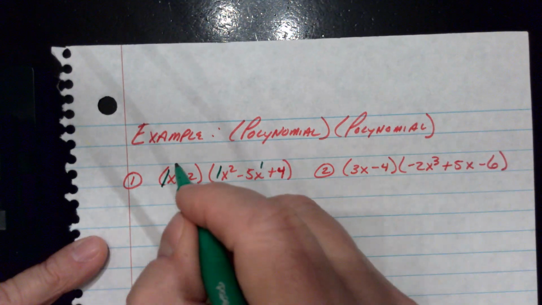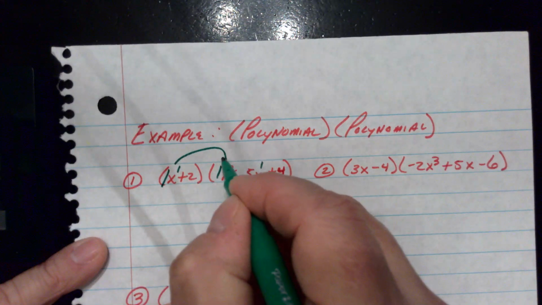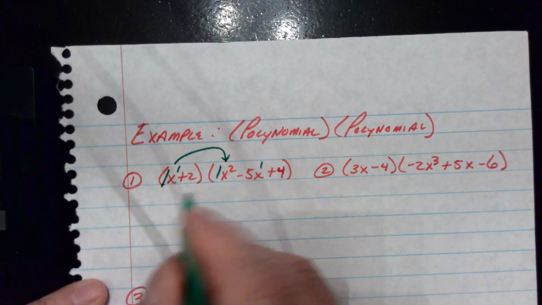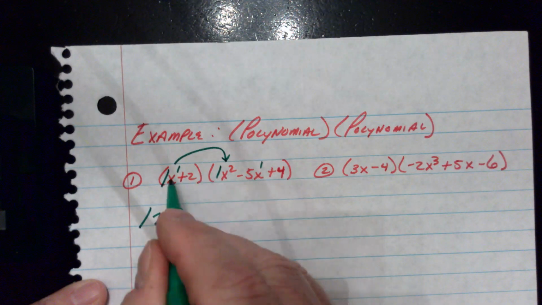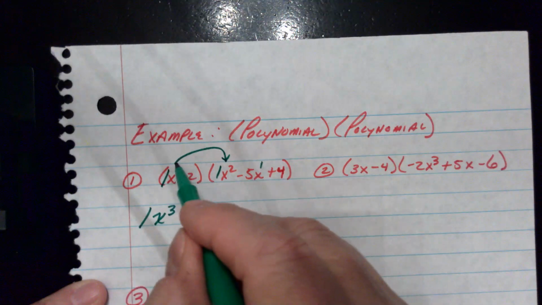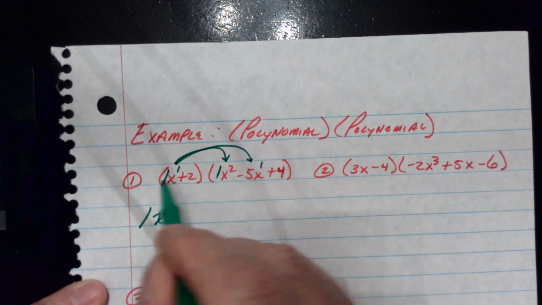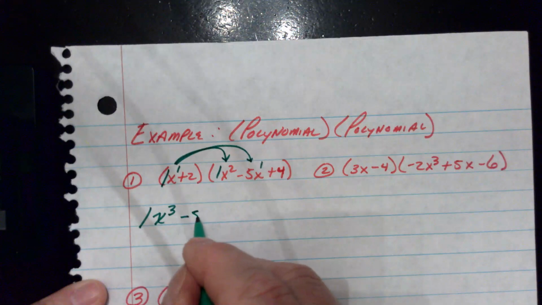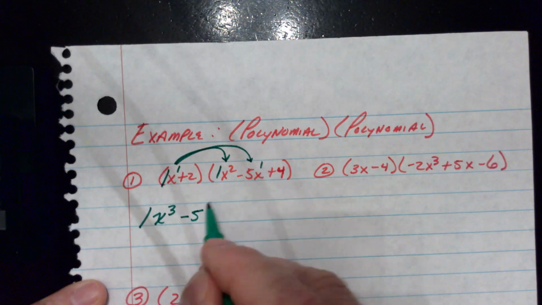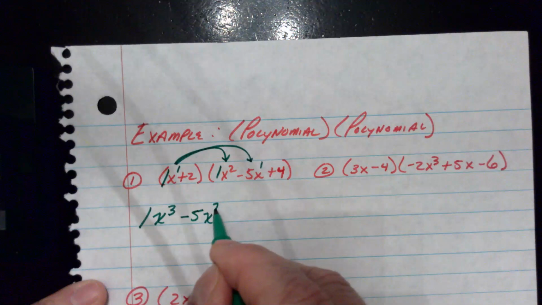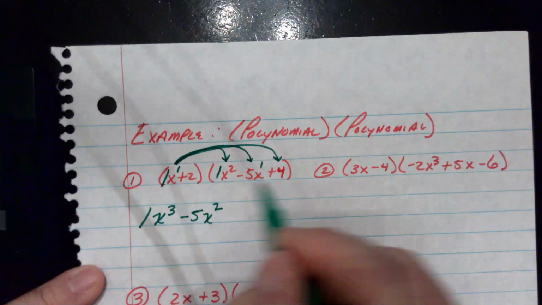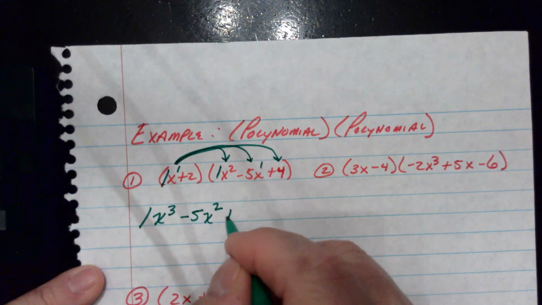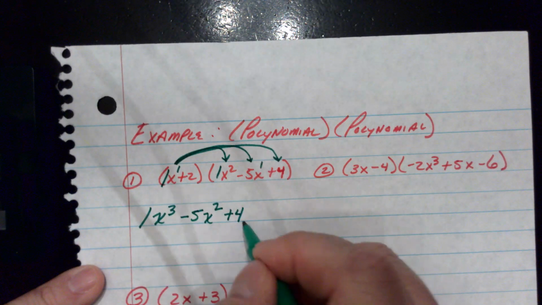Distributing twice. 1x times 1x squared is 1 times 1, and then add the smalls. 1 times negative 5 is negative 5 x times x, add the smalls and get x squared. 1x times 4. 1 times 4 is a positive 4 times the x to the 1st.